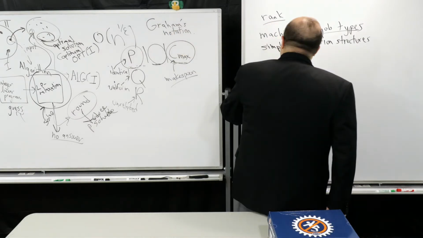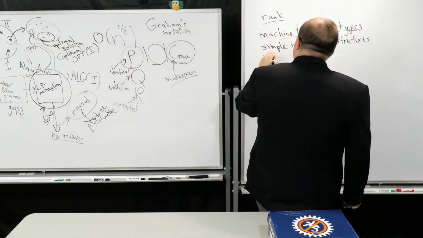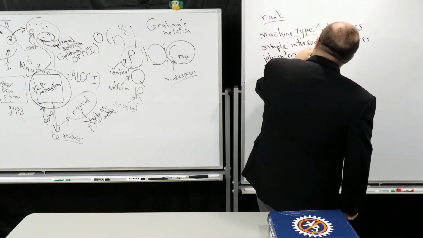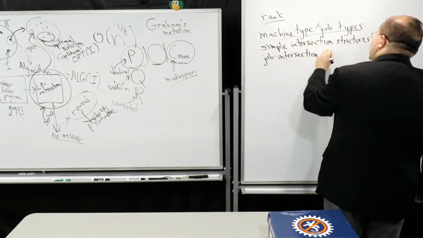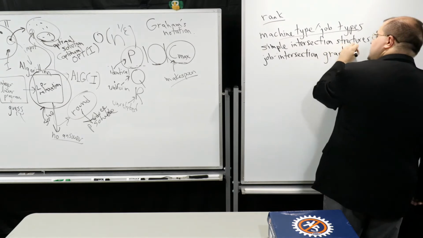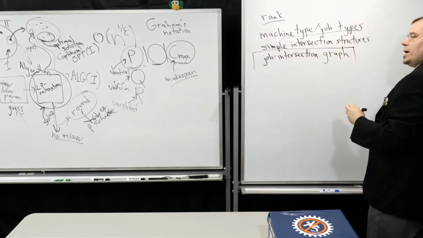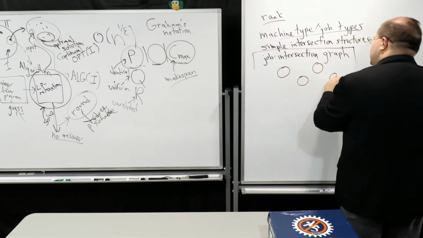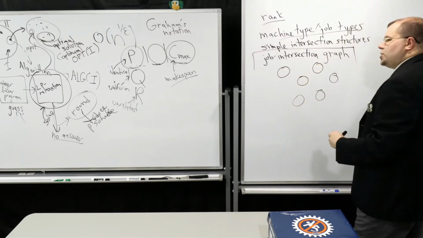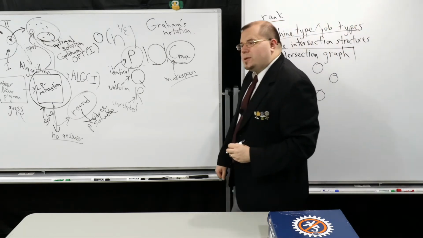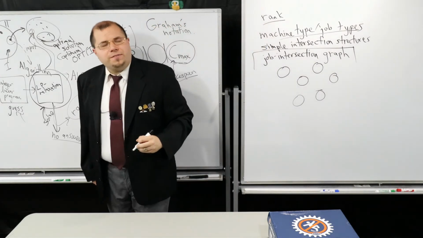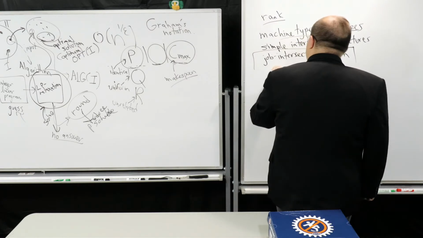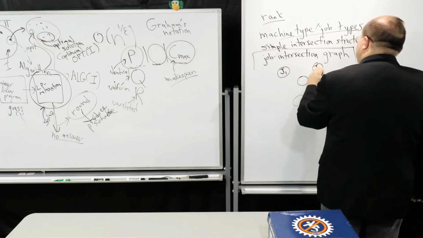Just to walk back, I want to give you an example of what I mean. One way you can represent the instances of our Cmax is using something called a job intersection graph. The way it works is as follows: you have your jobs, so you have n jobs, and each one can be represented in a graph, where each job is a vertex.